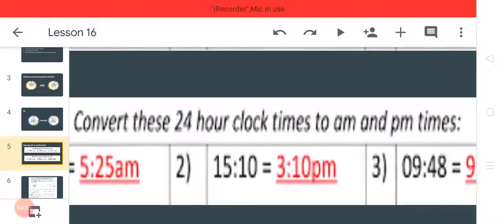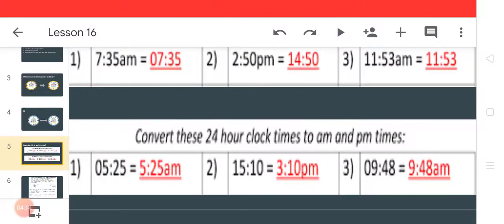The answer is 3:10. And you will write PM with it because you subtracted 12 from the hour 15. Question number 3, 9:48. 9 is less than 12, so 9 will come as it is, with AM. 9:48 AM because it's a morning time.